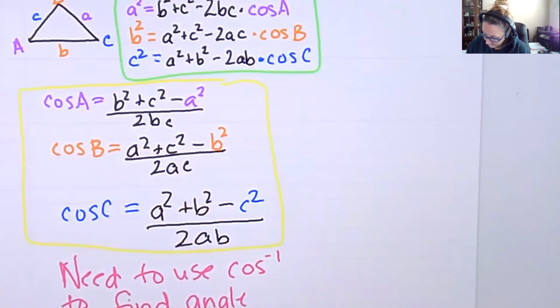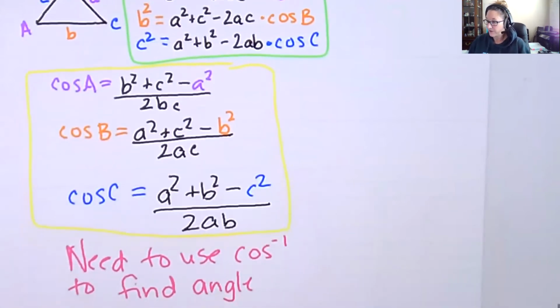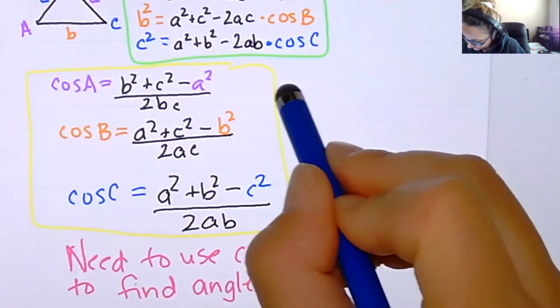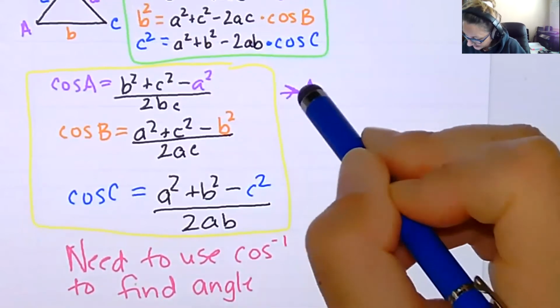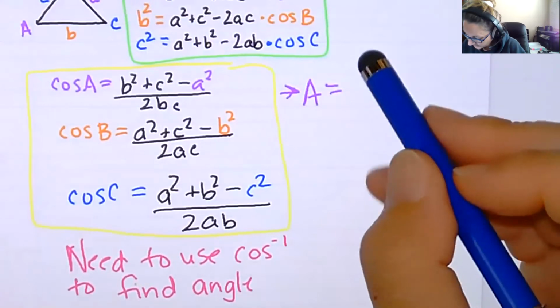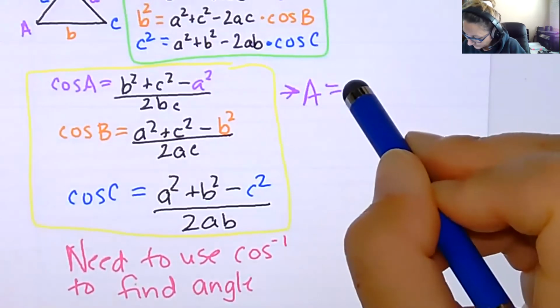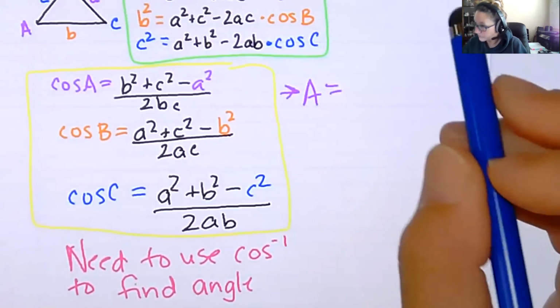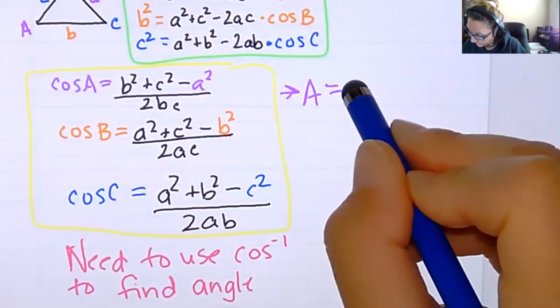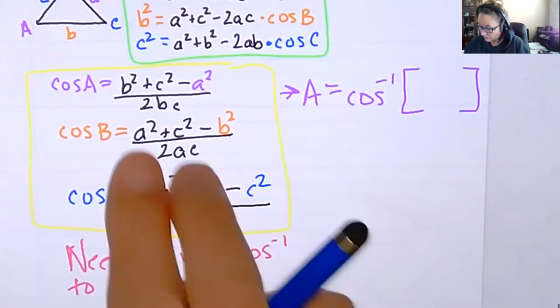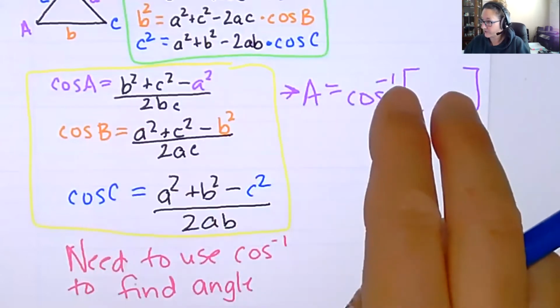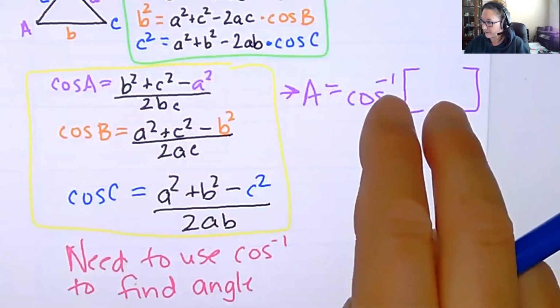So when I do these, I actually think about these this way. It is cosine A, but my A is going to equal cosine inverse. I'm not going to have room to write it all here, but cosine inverse of all of this would come here.